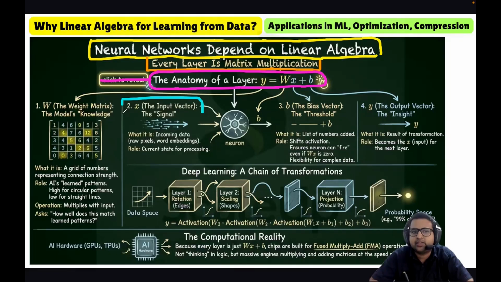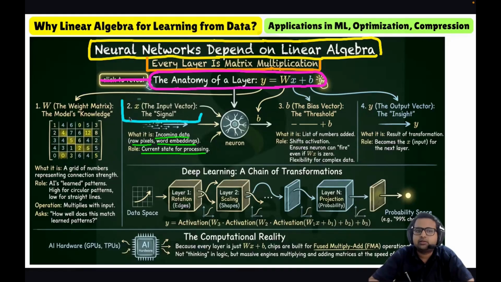It is the signal, the incoming data into the layer. In the first layer, this is the raw data, which can be pixels, audio frequencies, or word embeddings. In the later layers, it is the abstract features detected by the previous layers. The input vector provides the current state that needs to be processed.